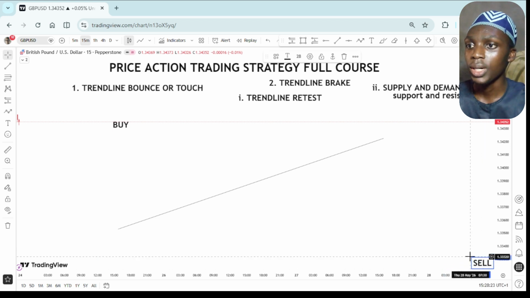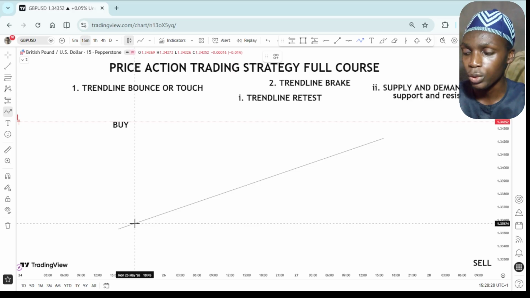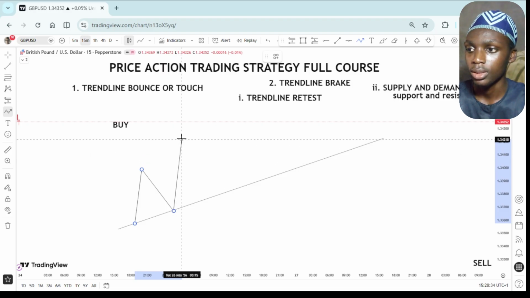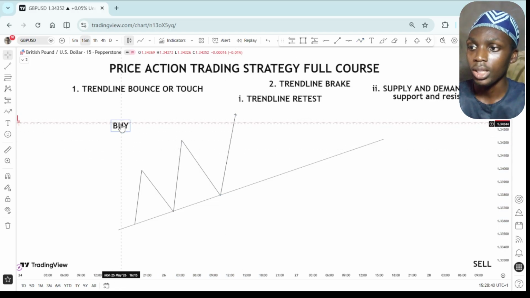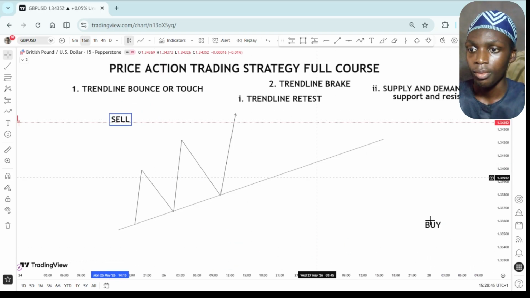Let's say the market has been moving, as I've stated earlier, that we have the first touch right here, second touch, and third touch. At this third touch, we are expecting, okay, this is for the sell, rather.